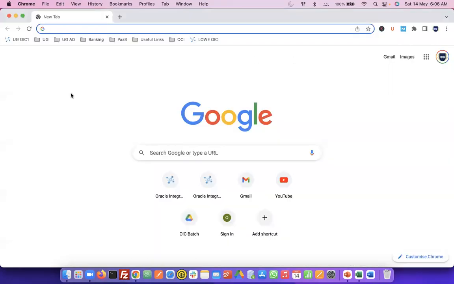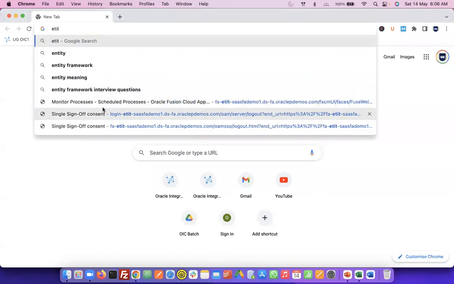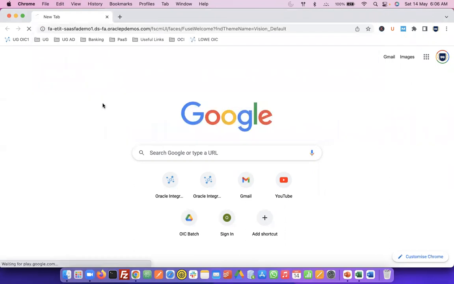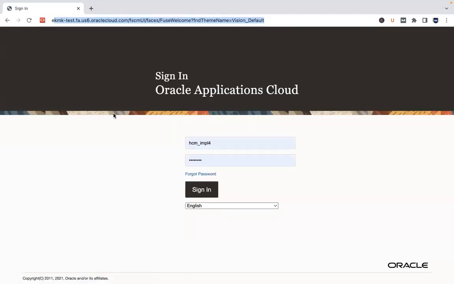So let me log into the instance first. I'll log into the ETIT instance. Or let me use ESCU.